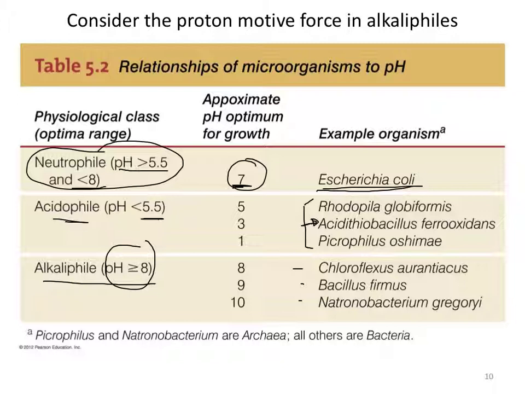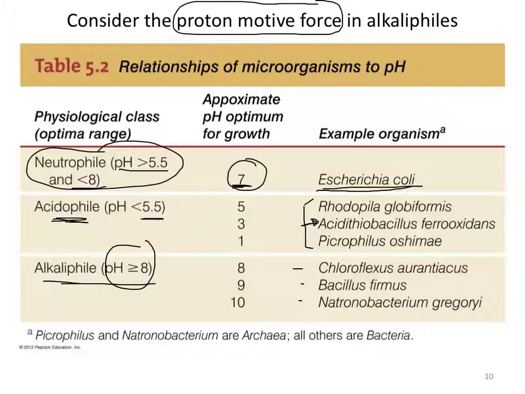Another thing to think about, and in fact there are a lot of riddles associated with some of the extremophiles, such as acidophiles and alkalophiles, is to question how they're running their proton motive force. Remember what a proton motive force is? It's an accumulation of protons, or H+, outside the cytoplasmic membrane in bacteria and archaea.